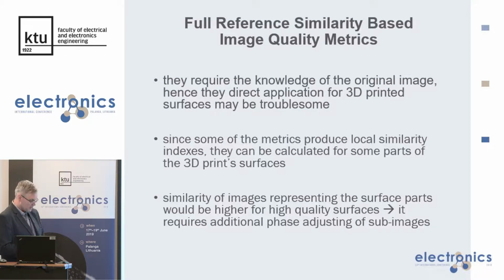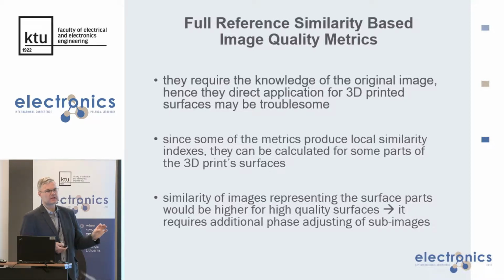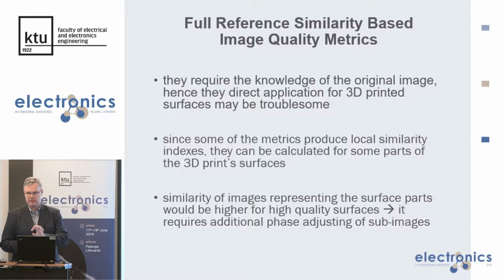So we have to think about the surface as a texture. If some of the metrics produce local similarity indexes, we assume that if we take a fragment of the 3D printed part, and it is of high quality, it should be similar to another fragment of the same part. If the quality is low, if there are some issues, probably they are located somewhere else in the part.